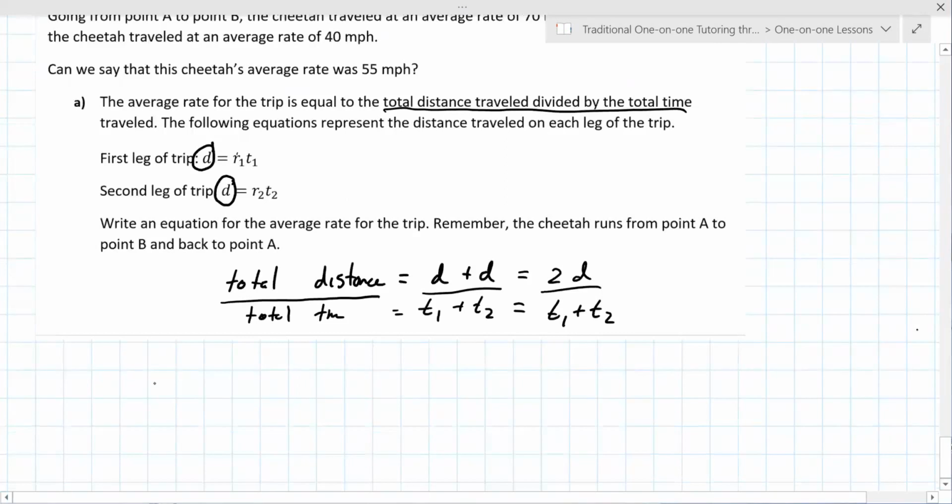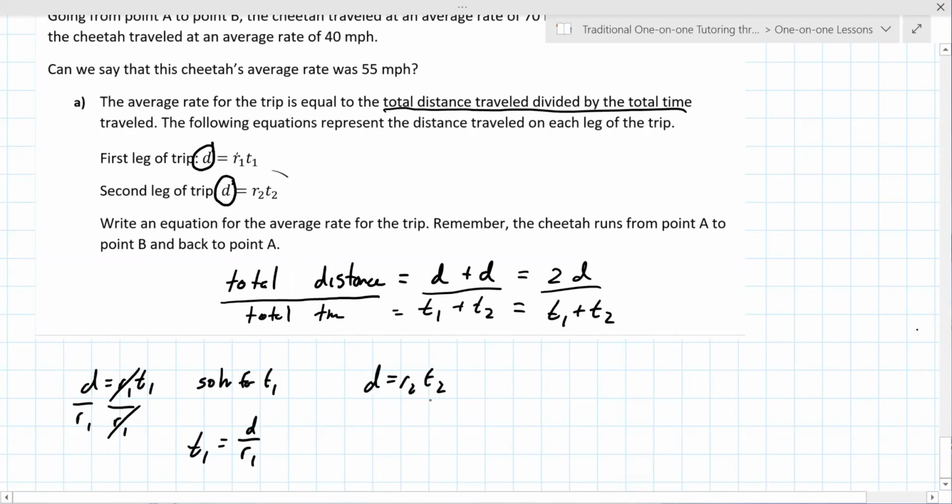Okay. Now we're going to go just a tiny bit further here. We're going to look at this first equation, this one right up here. If D equals R1 T1, and I ask you to solve for T1, you would divide both sides by R1. Do you see that? Yes. So T1 equals D over R1. Is that clear? Yes. Now I could similarly look at the second equation and say D equals R2 T2.